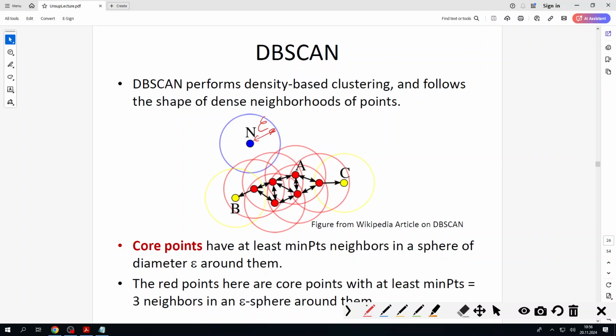Now for this one, if we choose this point as a base, then within this range you can see there are 3 neighbor points, yes?